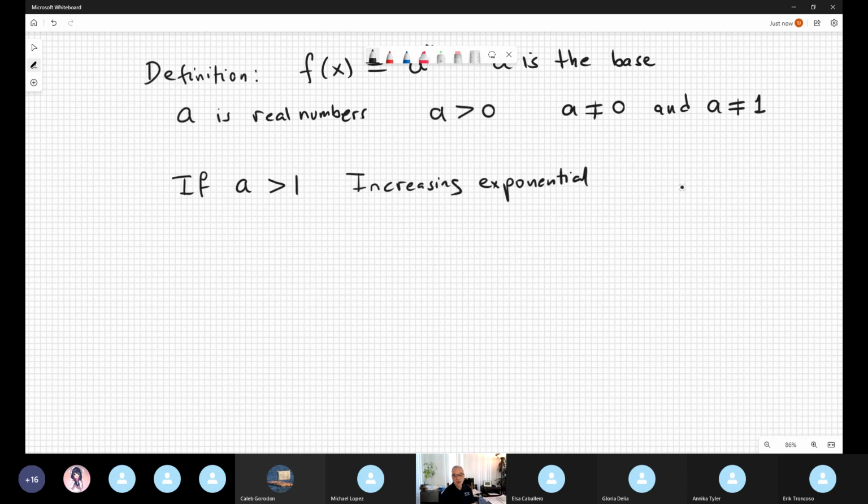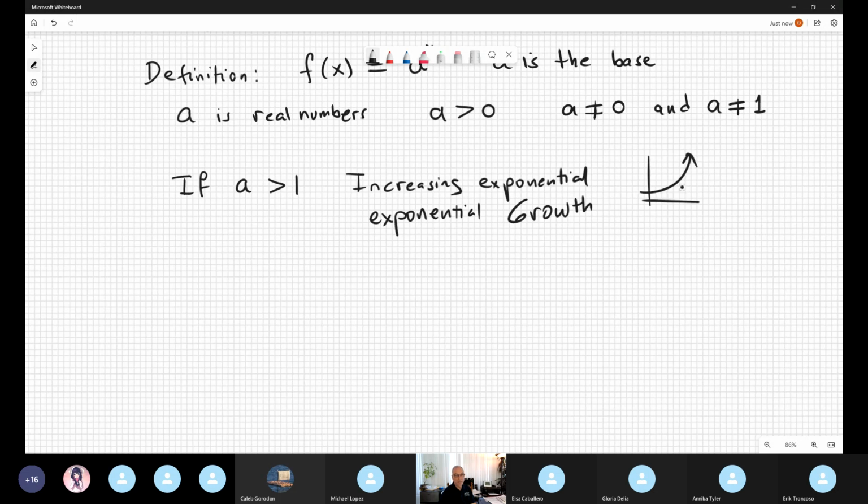Sometimes it's called exponential growth. Okay, because the graph you see after that is increasing.